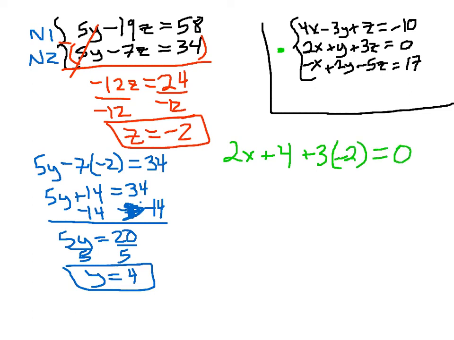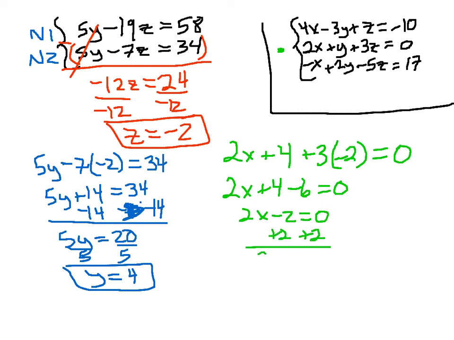So we'll get 2x plus 4 minus 6 equal to 0. This is going to turn out nice. 2x minus 2 equal to 0. I can add a 2 to both sides. 2x is equal to 2. Divide by 2. X is going to be equal to 1.